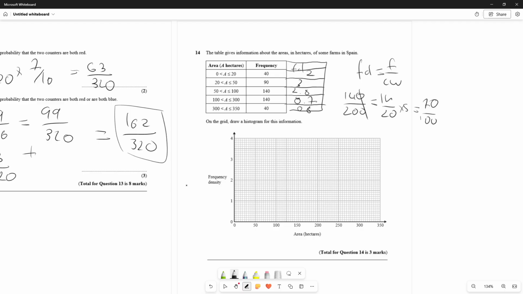We just plot that here. So between 0 and 20, we need to go up to 2. Okay. Between 20 and 50, we need to go up to 3, which is over here. Okay, so let's draw in the boxes.